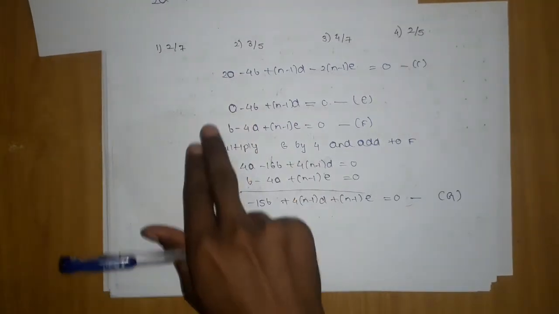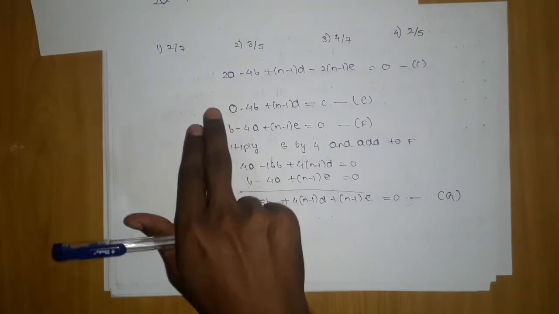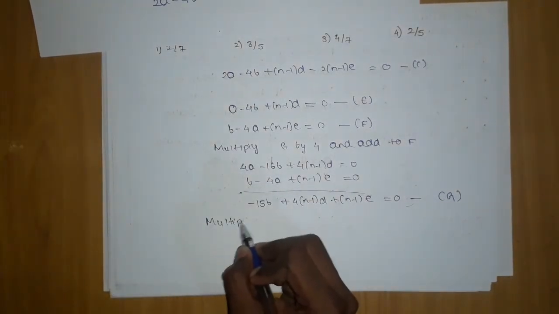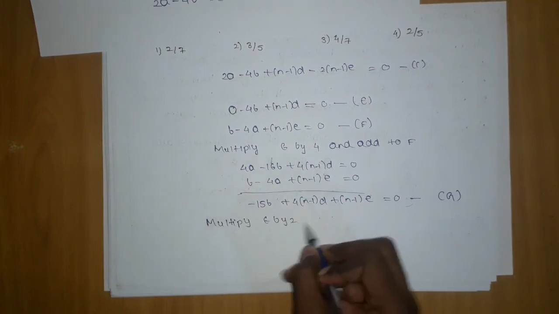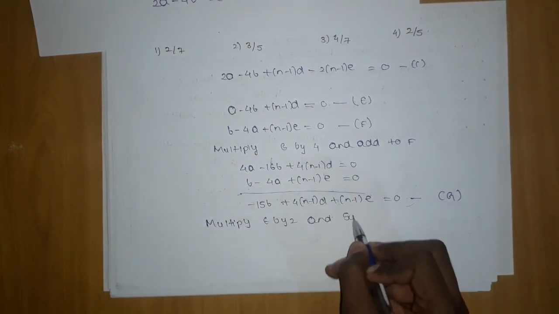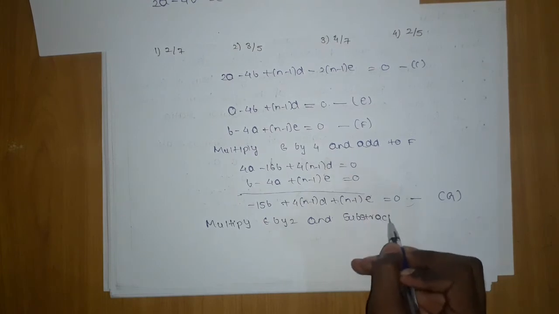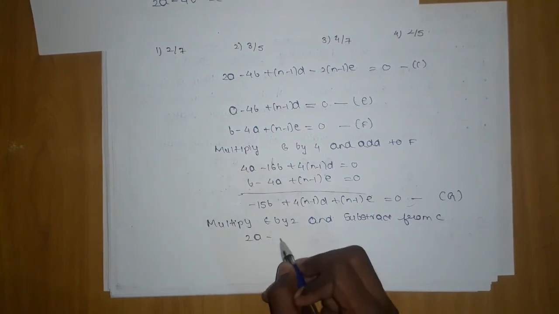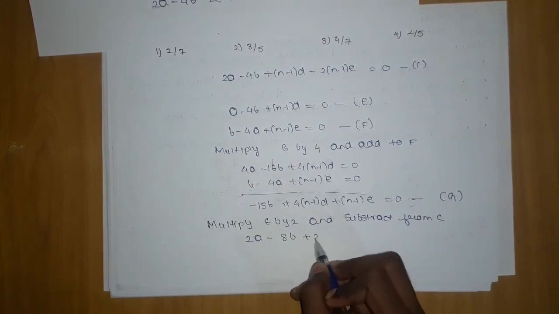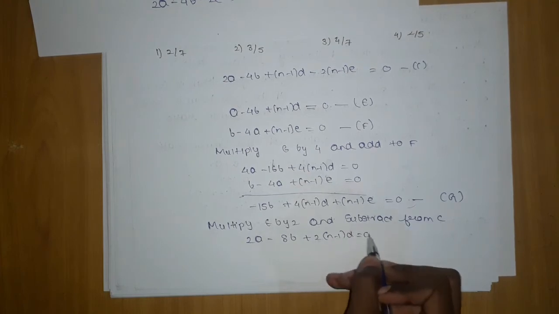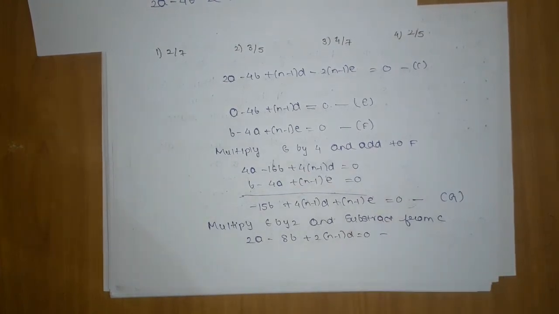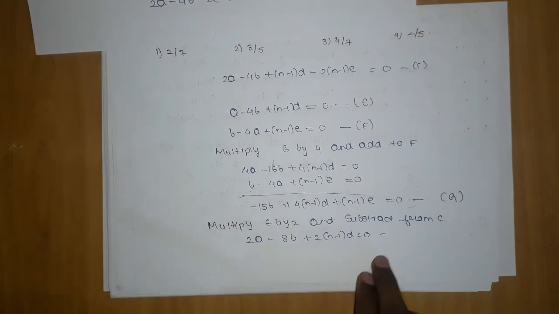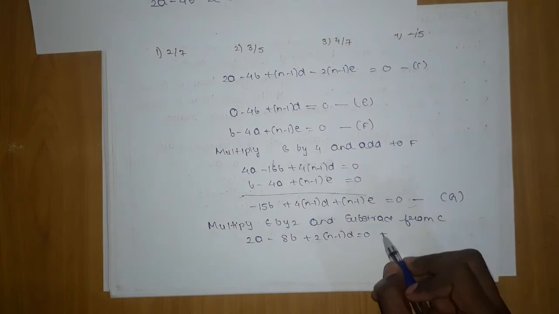For that we can multiply e by 2 and subtract it from c. So my next equation is 2a minus 8b plus 2(n minus 1) into d equals 0, and then we subtract it from c.